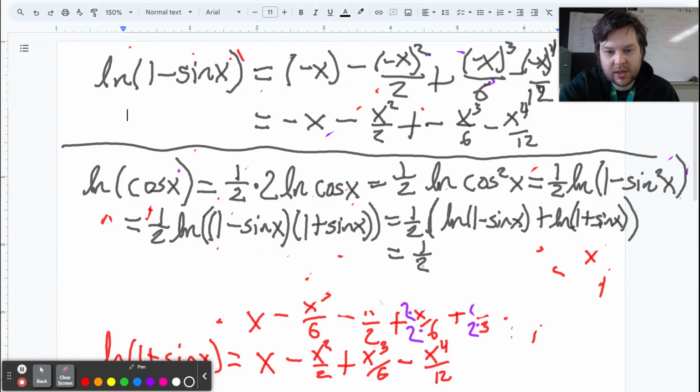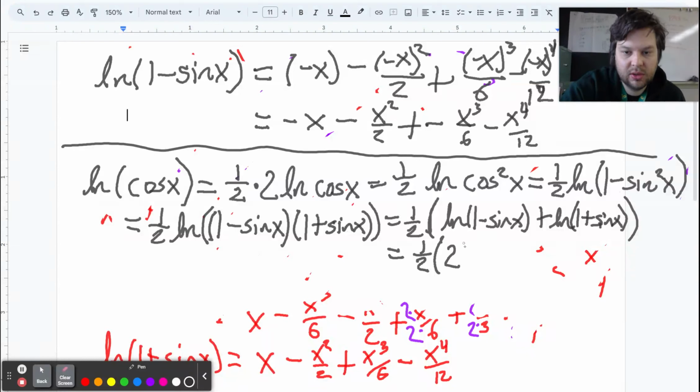And what I'm noticing on the Maclaurin series is that all the odd powered terms are going to cancel out. And so that leaves us with just what's left over. So all the odd powered terms cancel out, and that leaves me with two copies of the even terms.